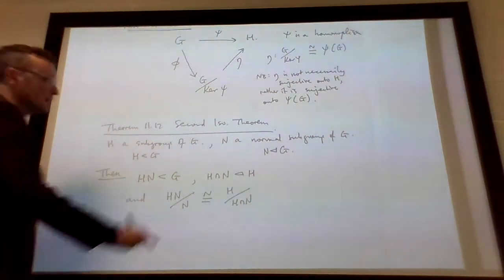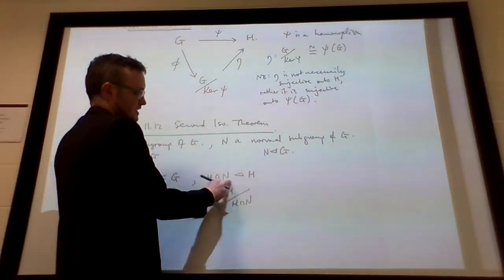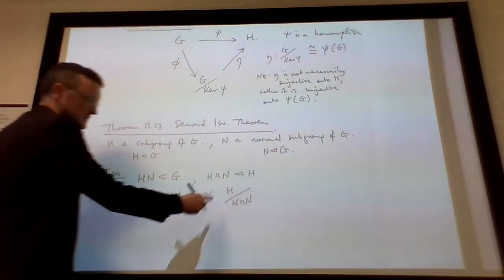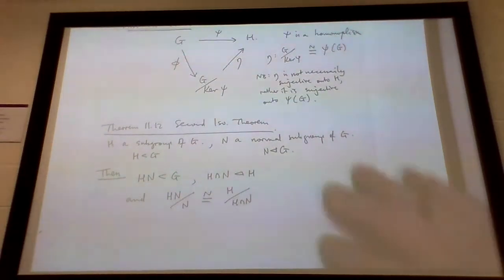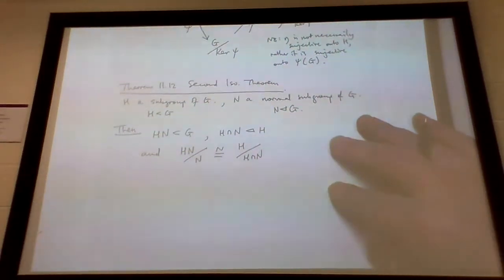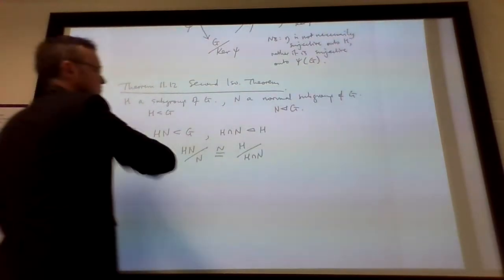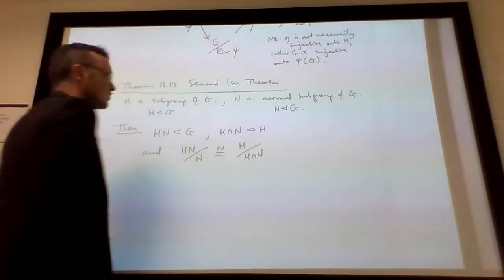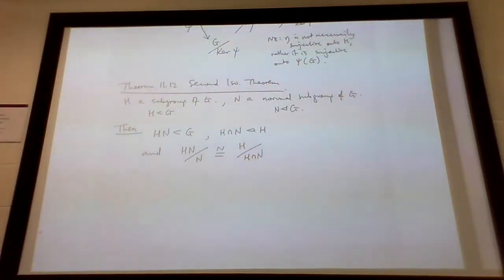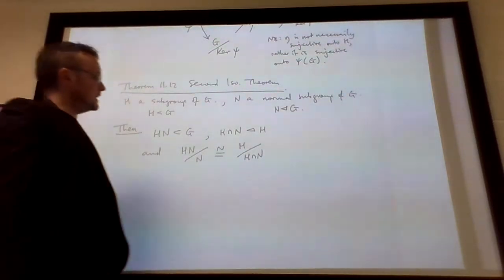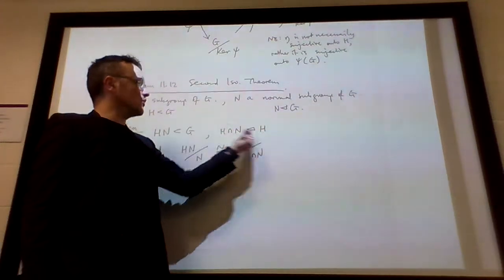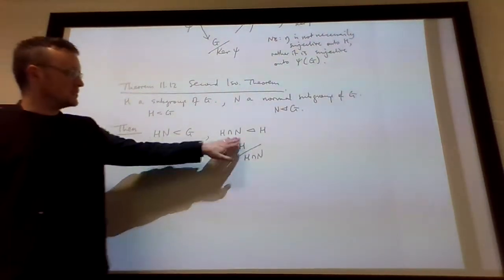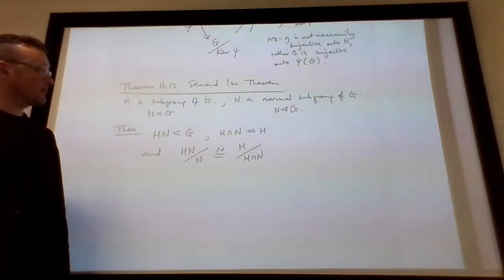So once we know that this intersection, H intersection N, is normal in H, that means this will be a valid construction of that factor group. So with this setup, with a general subgroup H, a particular normal subgroup N, it means the intersection of the two will be normal in the subgroup H. So you're allowed to form this factor group.